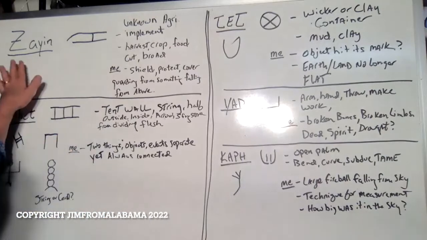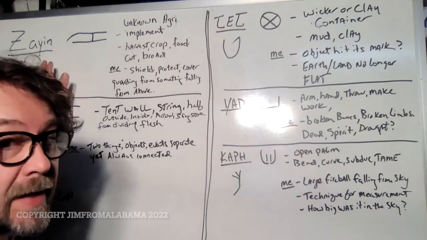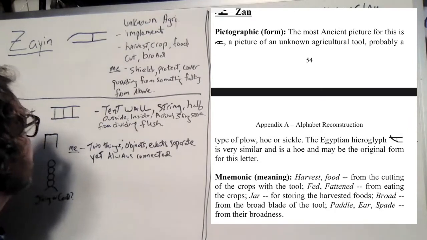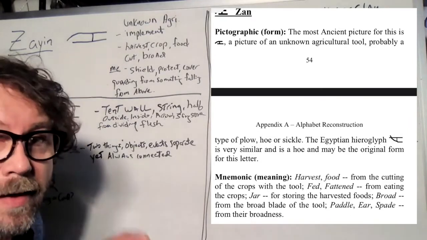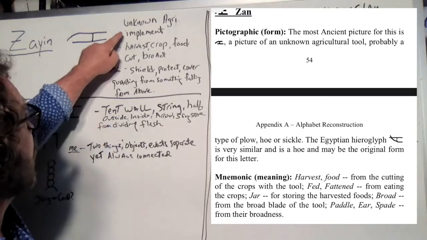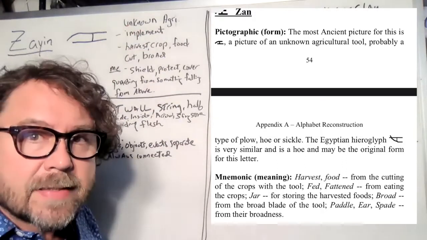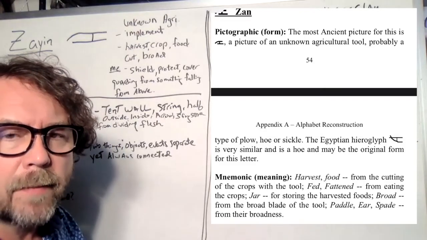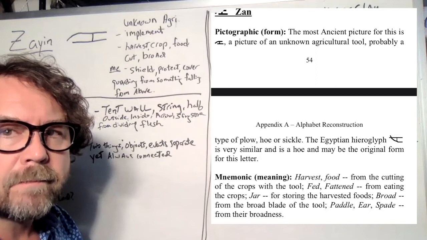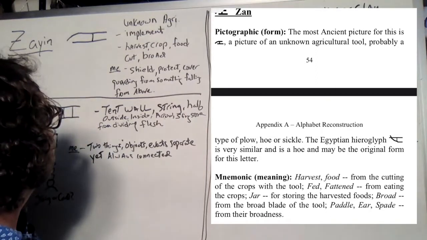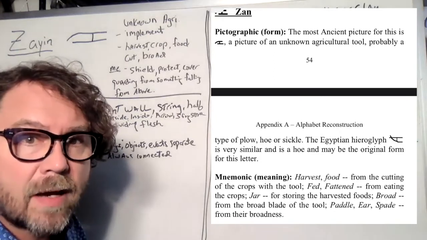So the next one that we have is Zayin. And that's what the ancient Hebrew symbol looks like. Now, Mr. Bender says that this is like an unknown agricultural implement, which that could be, I guess.